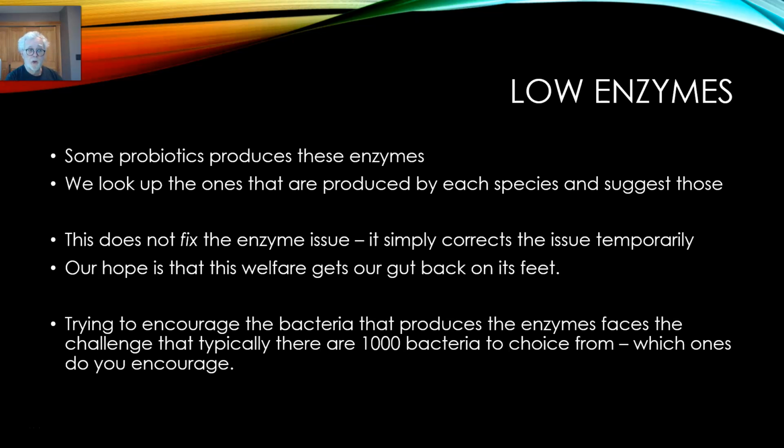Which ones do you want to encourage, which ones is the rest of your DNA compatible with? We cover these topics in our other material, but basically for low enzymes, the only thing we can really suggest is either supplementation in a very rare number of cases, or taking appropriate probiotics which produce the enzymes which we are deficient in.